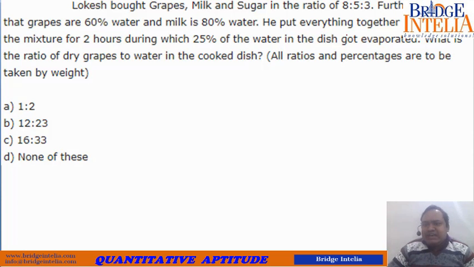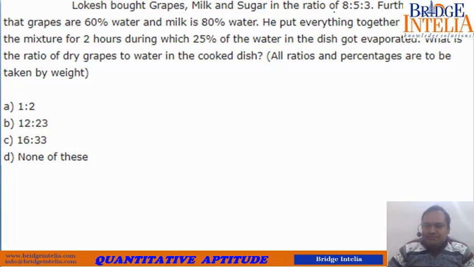He puts everything together and cooked the mixture for 2 hours, during which 25% of the water in the dish got evaporated. What is the ratio of dry grapes to the water in the cooked dish? All ratios and percentages are to be taken by weight. Very good question. So I would suggest first you should try this on your own.